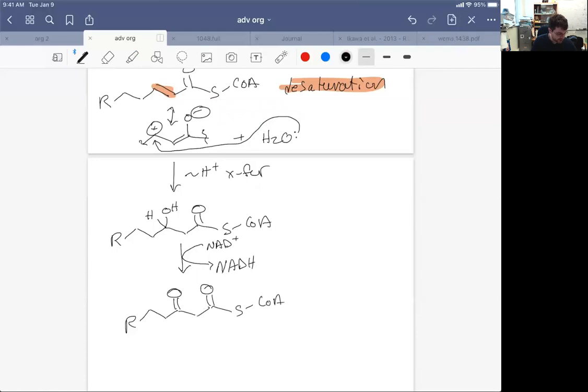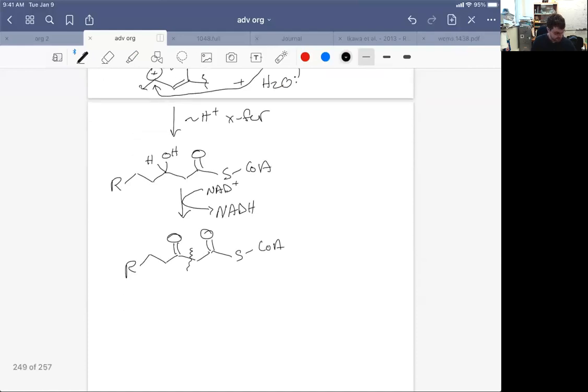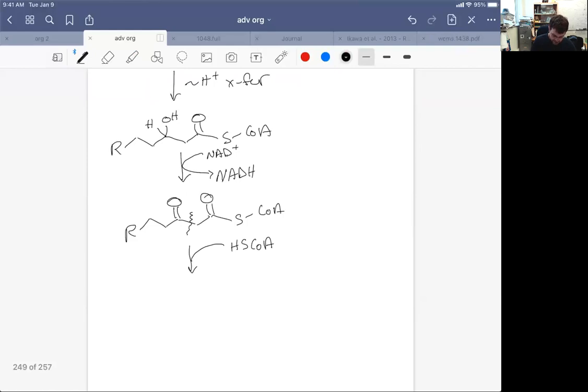And here we can actually crack this bond right here between the alpha and the beta positions to make two thioesters. And that's a retro-Claisen event. We'll go through that in some detail. And we use CoASH again, which is just CoA as a free SH. And we get a new CoA thioester plus what's called acetyl CoA.